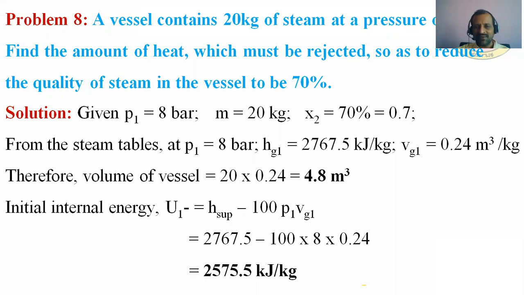They directly refer to the steam table, substitute the values and calculate the answers. That is not correct. First understand the problem clearly: how much mass is given, and what type of steam it is, whether wet steam, dry saturated steam or superheated steam. Then solve it neatly, right? Now I'll go for the solution.